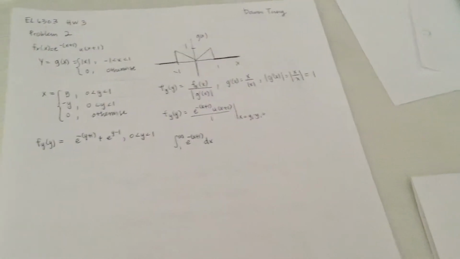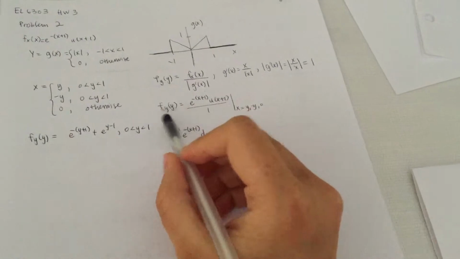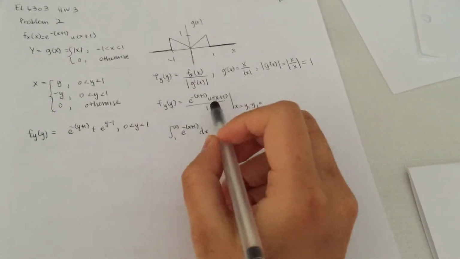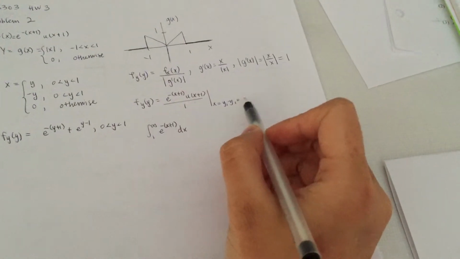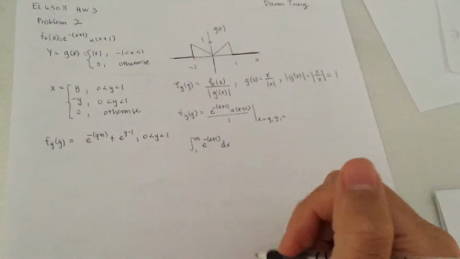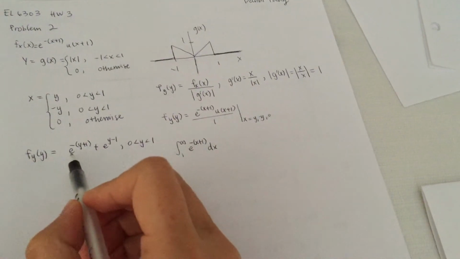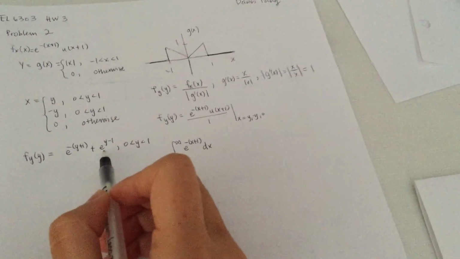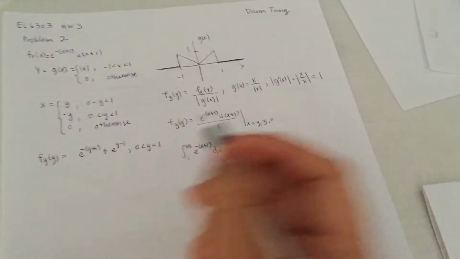And when we put this into the theorem, we just get the same function with x equals y, x equals negative y, and 0. So now we can write small f of y equals e to negative y plus 1 plus e to the y minus 1 on the interval 0 to 1 on the y-axis.